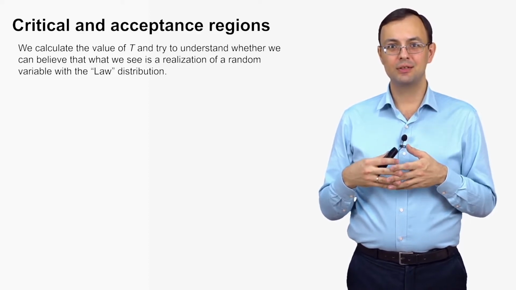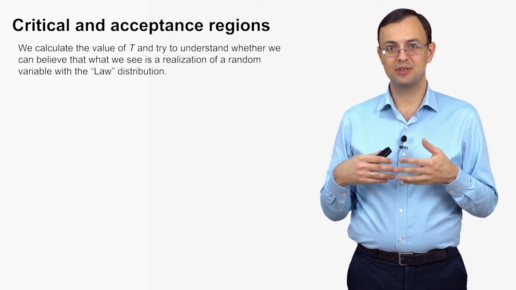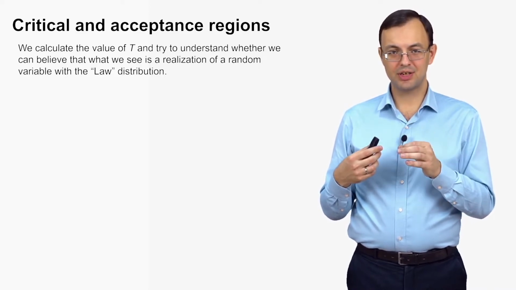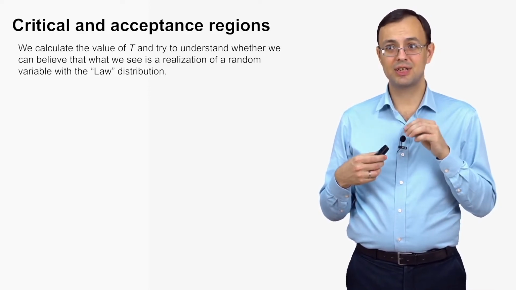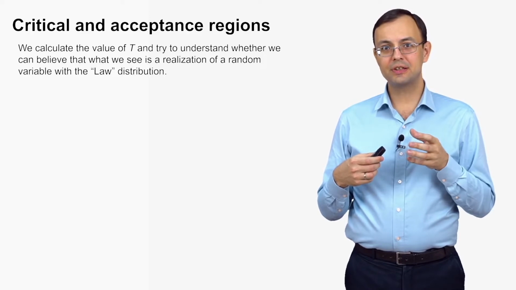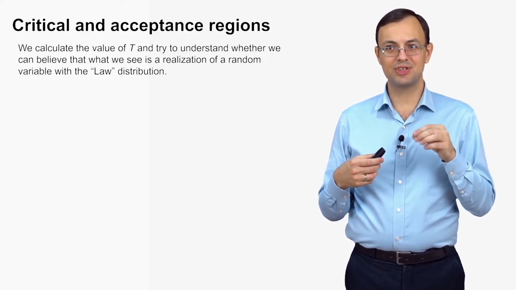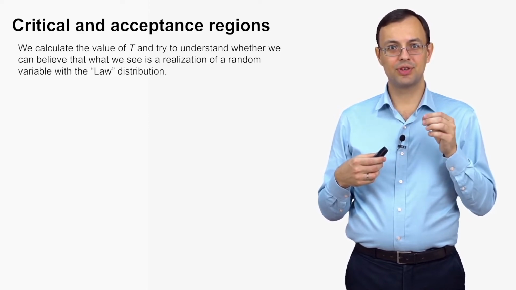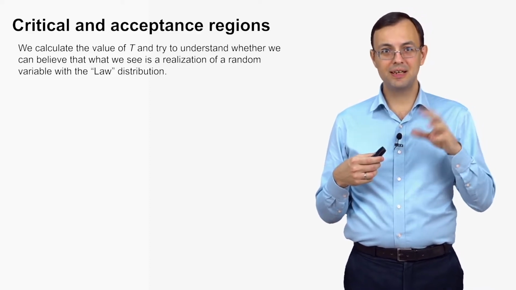And you calculate the value of T, the observed value of T, sometimes they say, and you are looking at this number you have just calculated, and you try to understand whether you are going to believe that what you see is a realization of a random variable that follows the law distribution or not. Is it better to believe or not to believe?